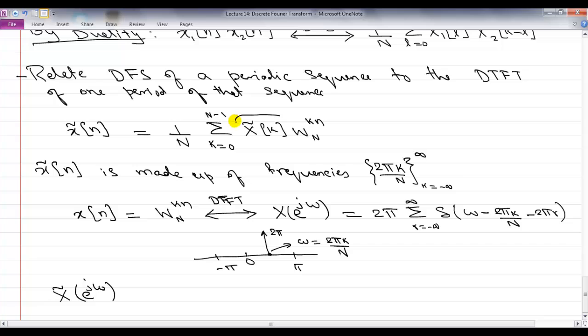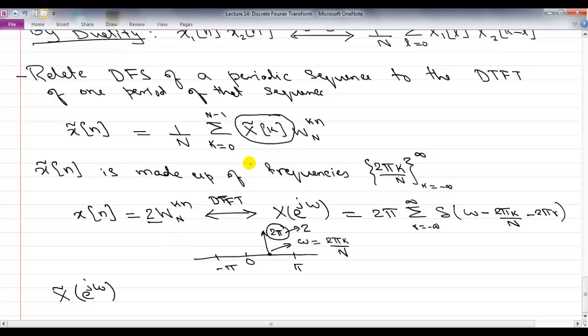The contribution of each frequency is x tilde k. So for example, here if I multiplied it with 2, then I should have multiplied this with 2 also, right?